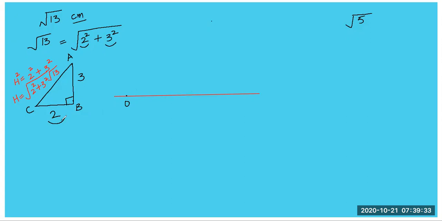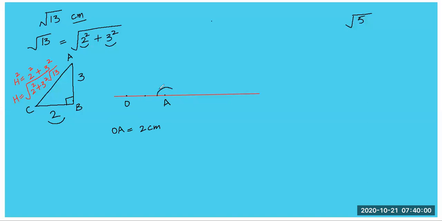So I will take 2 centimeter with my scale, 1 centimeter, 2 centimeter. So I can say OA is equal to 2 centimeter, right? Now I want to draw a right angle triangle. So I will draw a right angle from here.